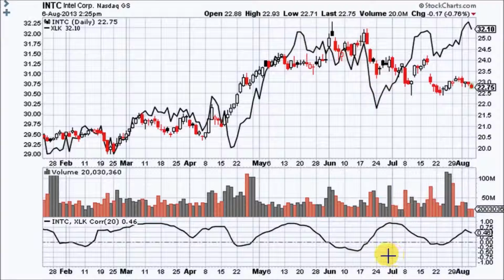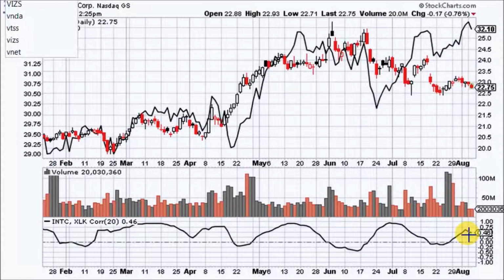It's hard to read that one, but a very strong period of correlation here. And then right here it goes really bad because XLK goes up and Intel gaps down and pretty much goes down. Okay, then it's starting to form a period of correlation again. So not so good there.